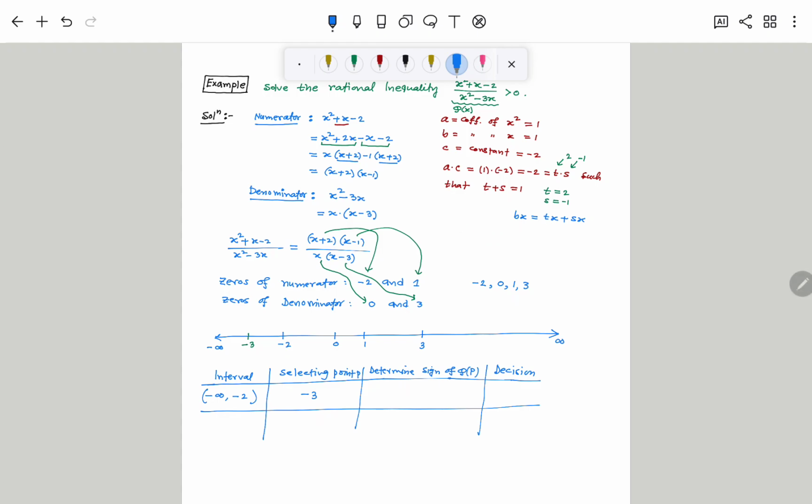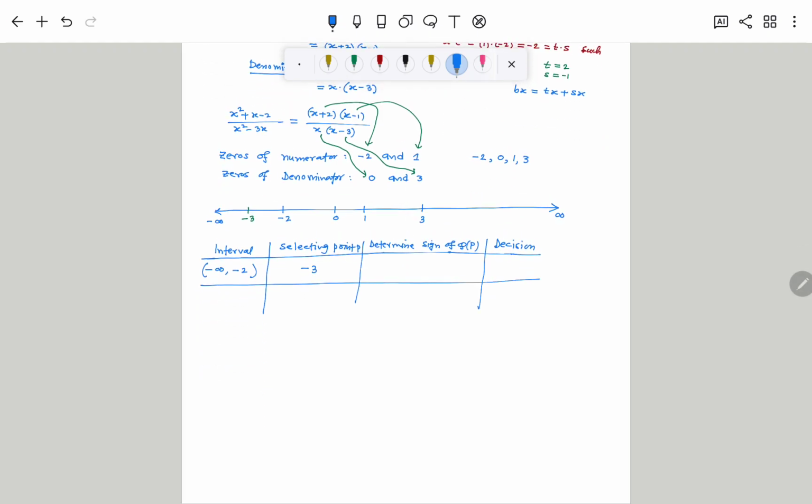So we get negative 3 whole square plus negative 3 minus 2, divided by negative 3 whole square minus 3 into negative 3. So we get 9 minus 3 minus 2, divided by 9 plus 9.